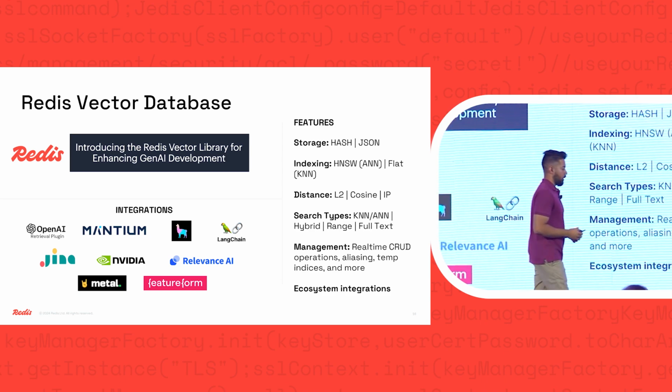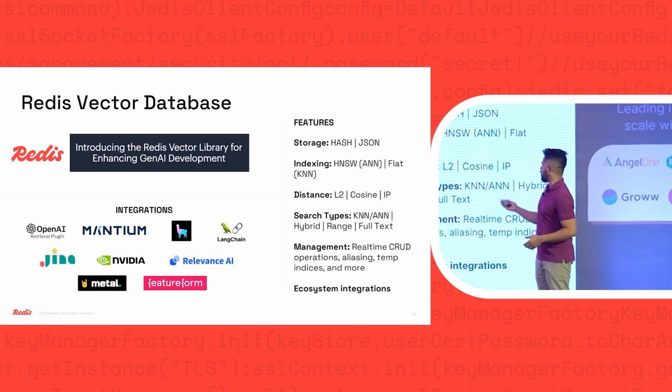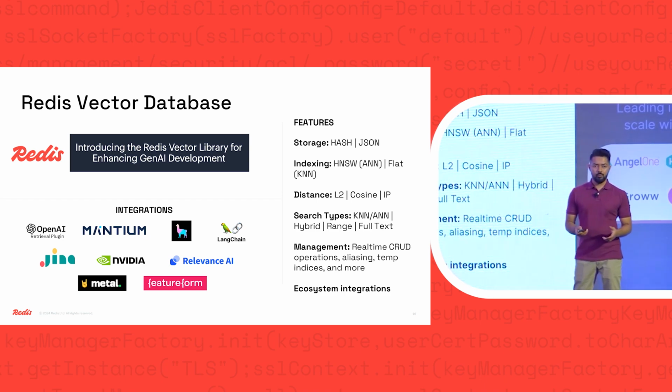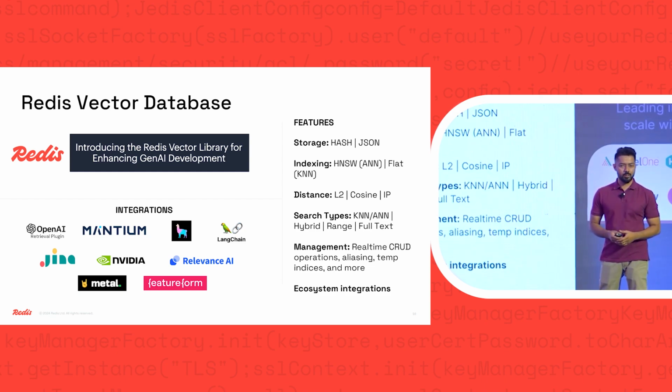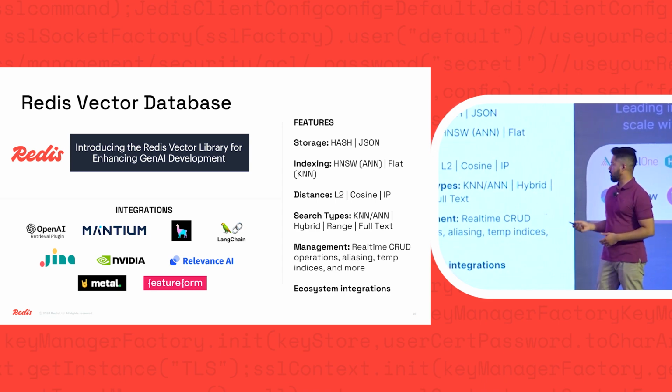So basically, if you're coming from an RDBMS background or your backends are RDBMS, probably you can use the hash format. If not, you can also use the JSON format for unstructured or semi-structured data that you have. These are the different indexing algorithms and distances that I talked about before. We have HNSW and flat indexing, and also we have these 3 distance metrics that we were talking about before.